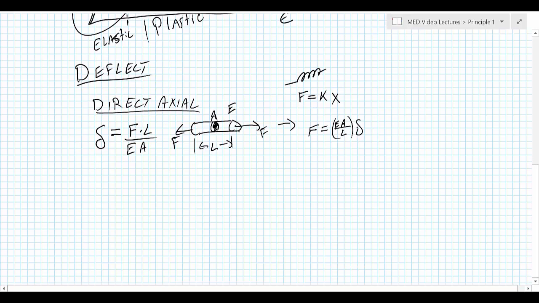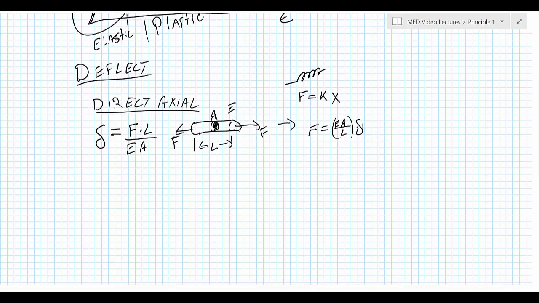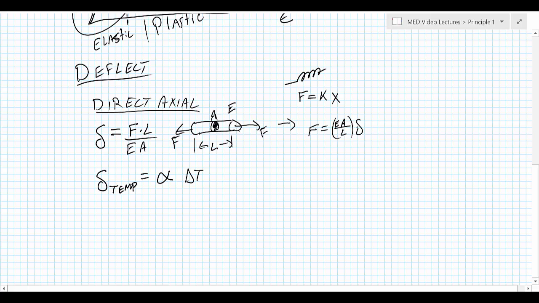All right, so that's direct axial. Now it also is possible that just the environment a product is under can cause it to deflect, and that's often referred to as deflection due to temperature. It is related to some material property alpha, the absolute change in temperature, and the length of the part.